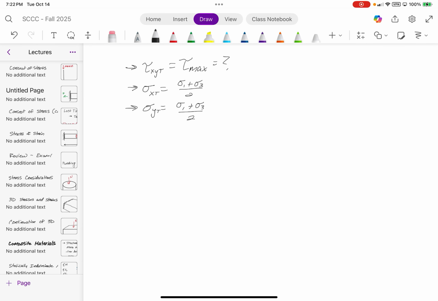But for now, let's assume that we don't exactly know that. One of the things that we do want to note is that the plane in which the maximum shear stress occurs, we'll call this theta S, plane of maximum shear stress. This is equal to the principal stress plane plus or minus 45 degrees.